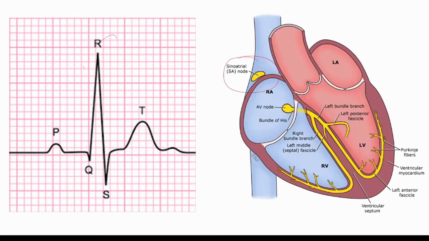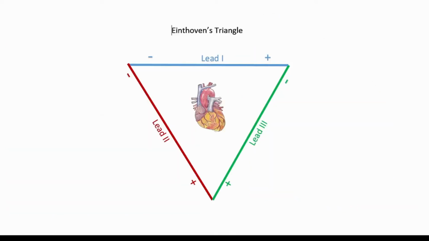We have the QRS complex, generally known to deliver ventricular depolarization. However, more specifically, it is responsible for septal depolarization through the septal fascicle and ventricular depolarization through the Purkinje fibers. And then finally, the T wave, which is responsible for ventricular repolarization.